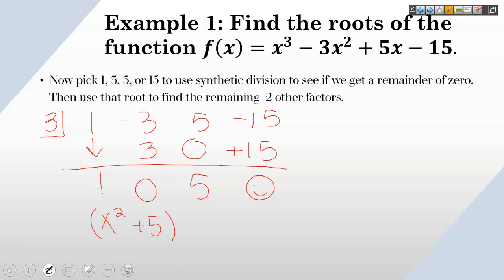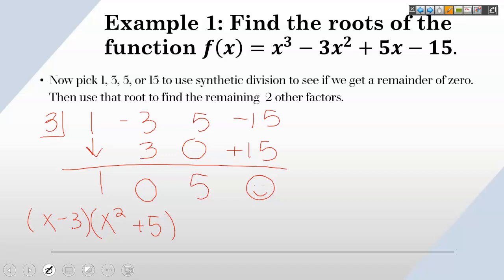What that means is that x minus 3 is a factor because x equals 3 is a root. So go back to lesson 6, it means x minus 3 is a factor.